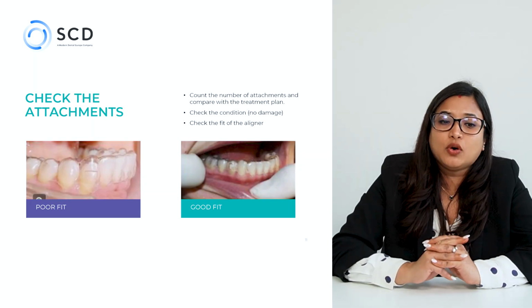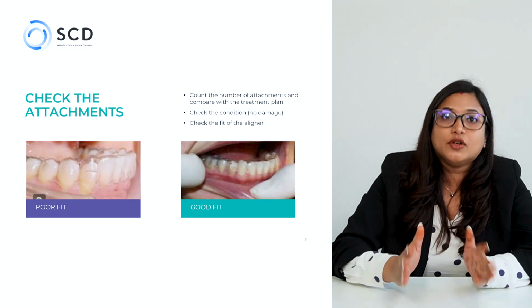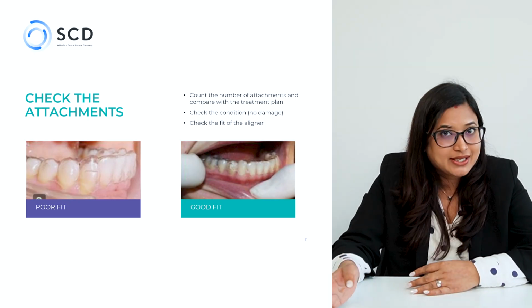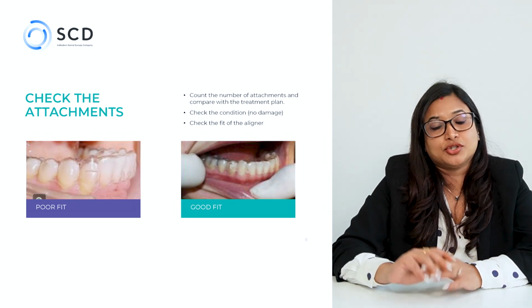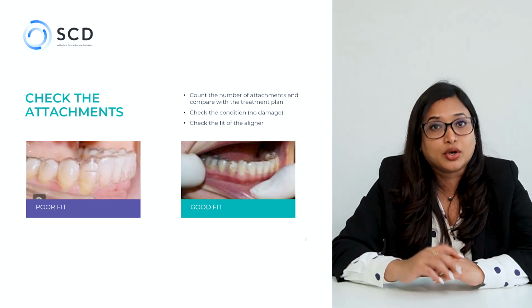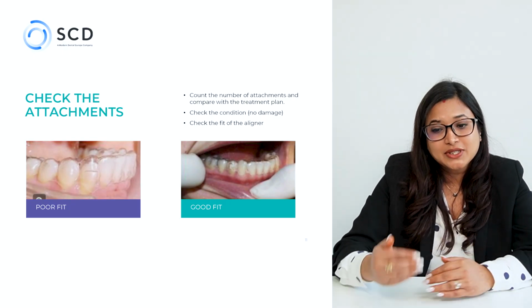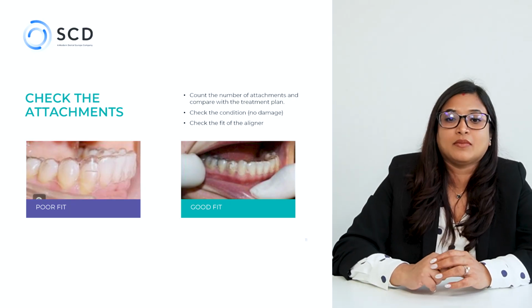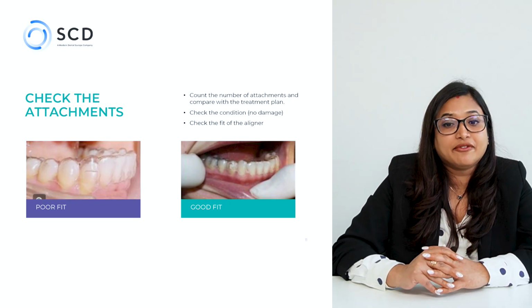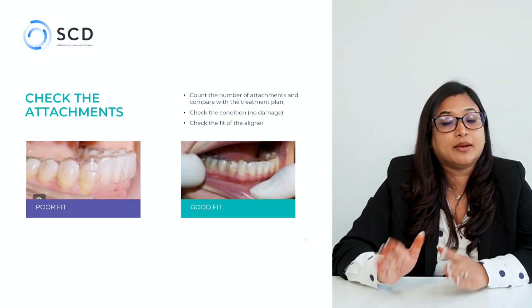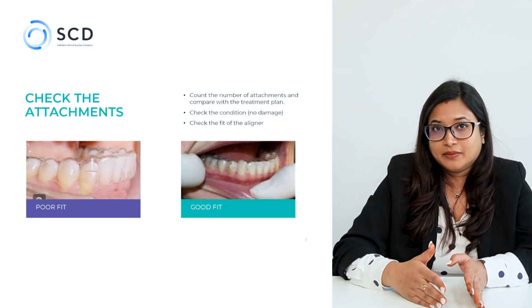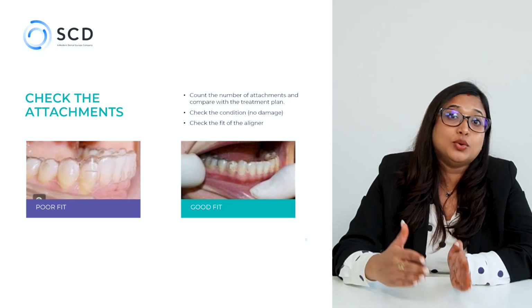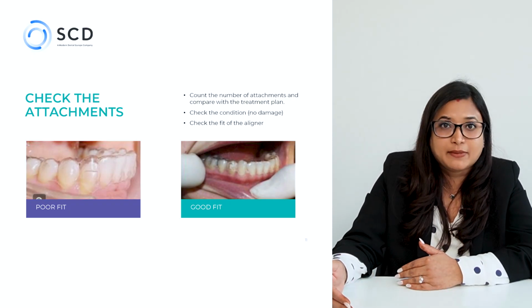Check the attachments. Of course, it is important because if your treatment plan for your patient includes attachments, that's also a very good indicator to check whether the aligners are fitting well or not. Attachments protrude a little out of your teeth, so it is easier to spot if they're not fitting very well. Make sure that you check and count the number of attachments, and make sure that as per your stage, you have the same number of attachments in the patient's mouth.